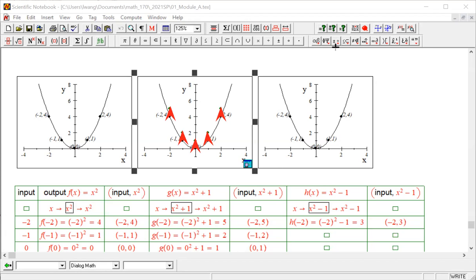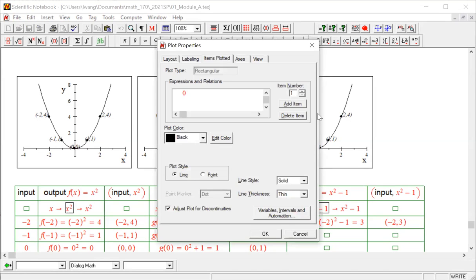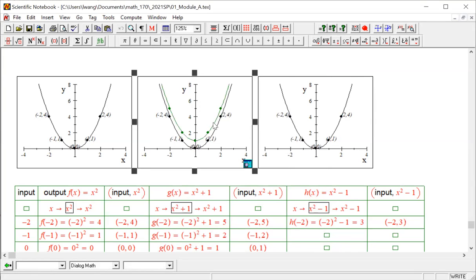Let's see what we get when we connect the dots. Now we're going to connect the dots, and of course, we're going to use green. The entire curve is shifted up by 1 unit.